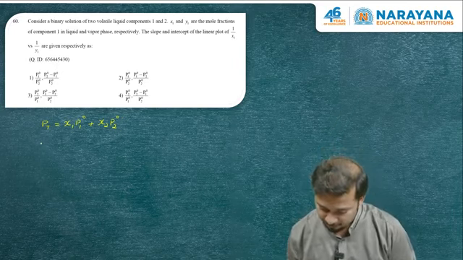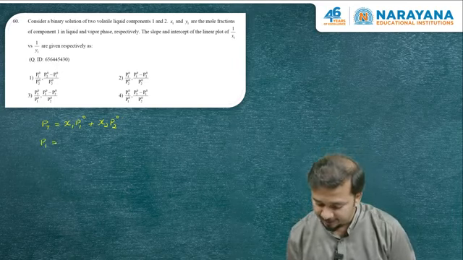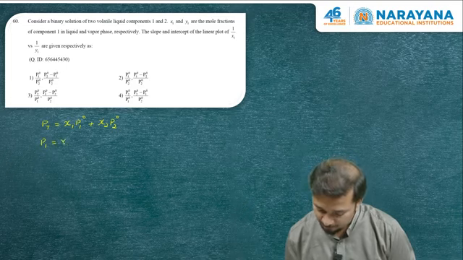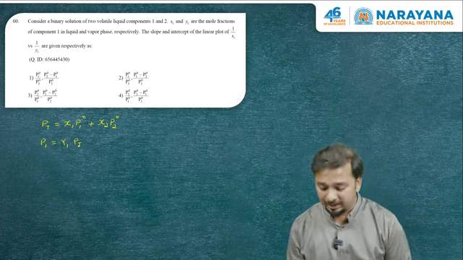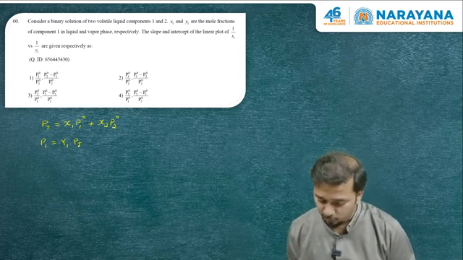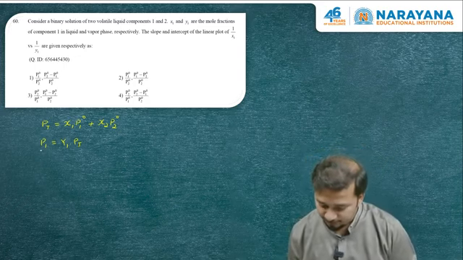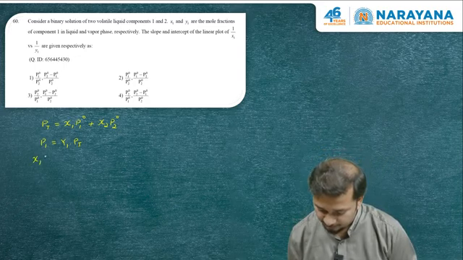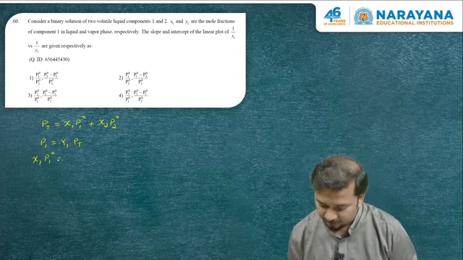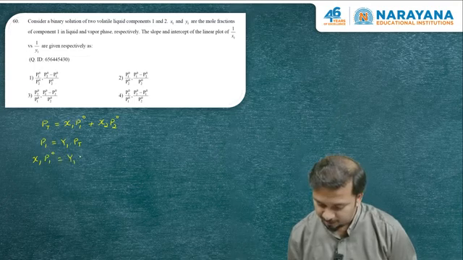We also know that P1 will be equal to Y1 into PT. This is as per Dalton's law. P1 is equal to Y1 into PT. P1 we can write as Chi1 into P1 naught, that is equal to Y1 into PT.